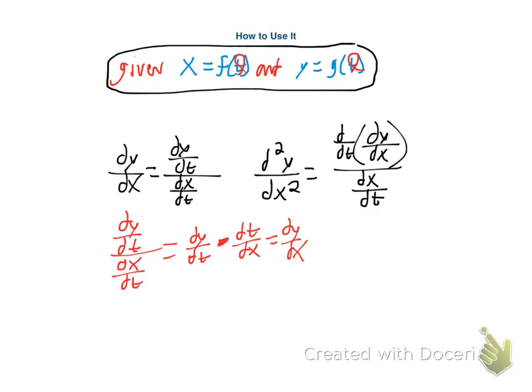Then you convert it into a regular non-parametric form, and just take the derivative like you would of any normal function. That's how you can find the derivative without having t involved in your derivative function.